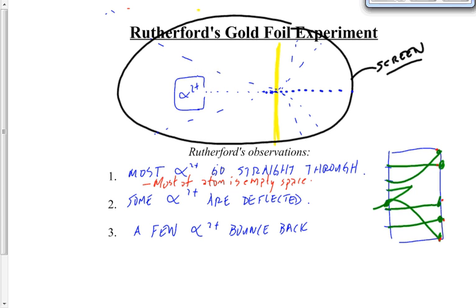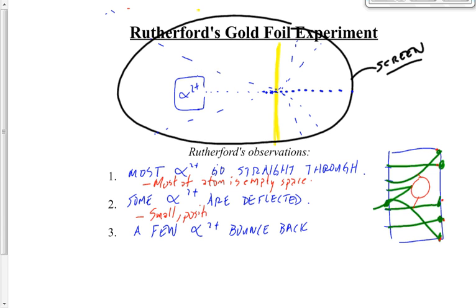Now, some of these alpha particles are deflected. Some of these people running across the football field were deflected. What does that tell us? Well, there's got to be something there that's pushing them away. Something's got to be in the middle. It's got to be small because most of it's empty space. And it's got to be positive.